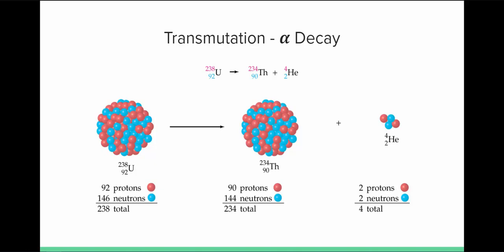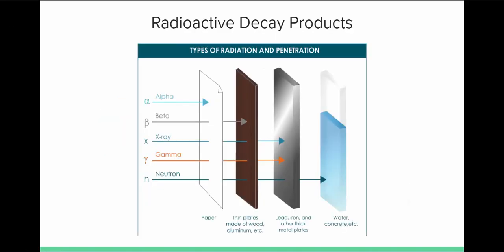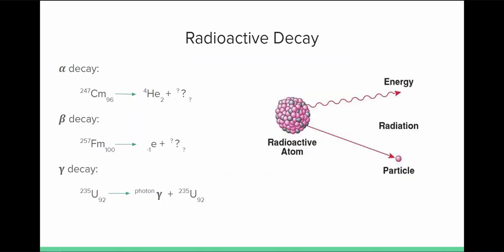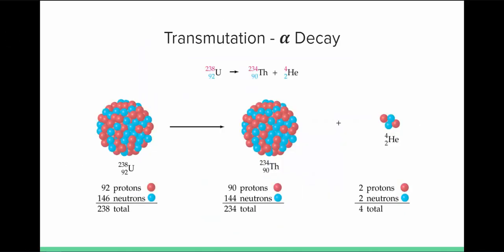How can we figure out what this something is? It's actually very easy. Because uranium-238, as indicated by the name, has 238 things in the nucleus, and uranium, because it's uranium, has 92 protons. So 92 protons plus 146 neutrons gives us 238 things in the nucleus.